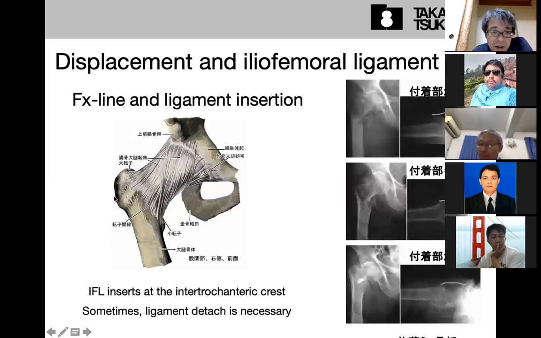In most devices, for example CHS, we can cut here and then insert an elevator and detach here. Or with an IM nail, insert the elevator from here or from the wound for the lag screw, and detach. Even a partial detachment of the ligament.